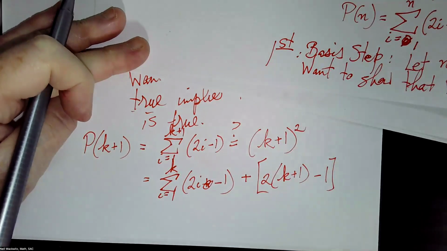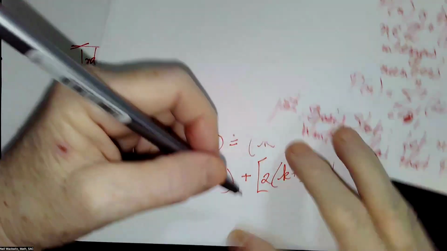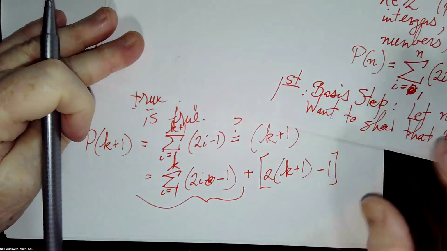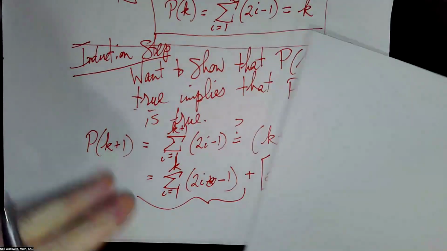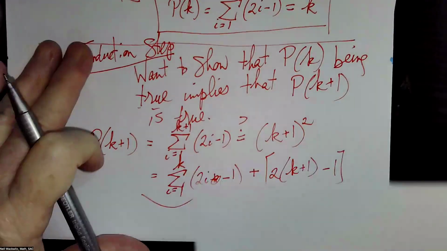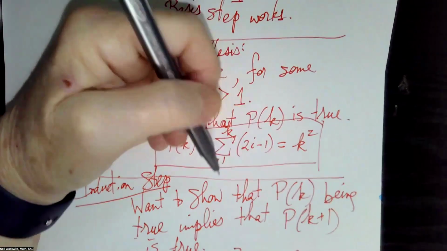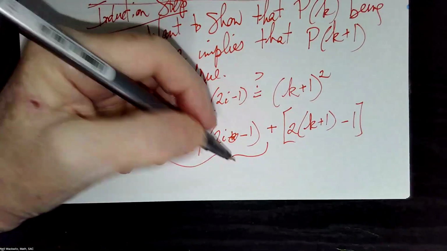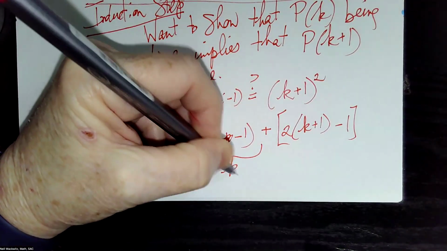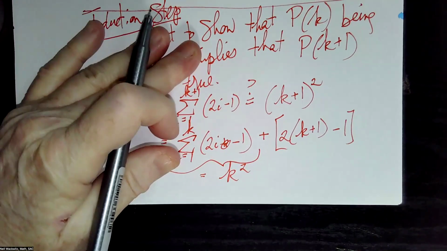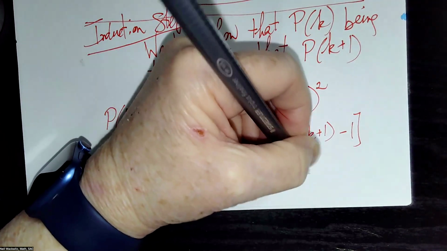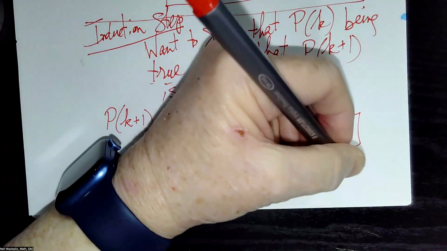And what's groovy about this is that we have assumed something about this first sum. We assumed that that first sum is equal to k squared. So let's see, k squared plus 2 times k plus 1 minus 1.